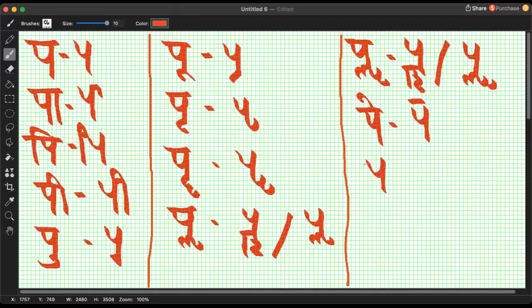Then we have Pi. We'll first write P. On the top, we will write two equal lines. This is per. Then we have two lines here. This is pi.